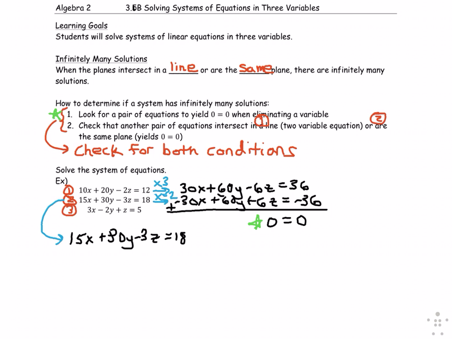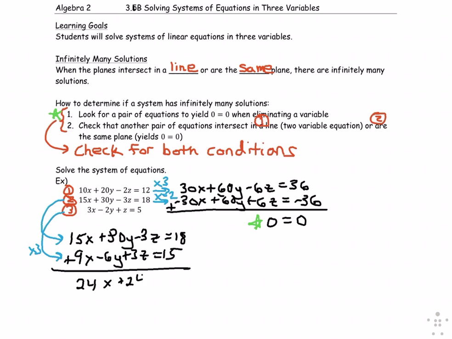And the second one, I'm going to triple. Add together. All right.